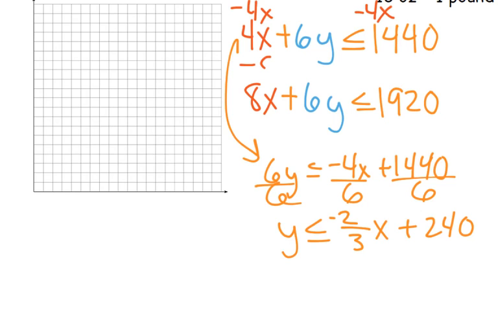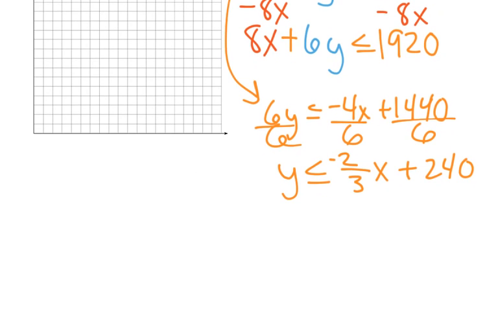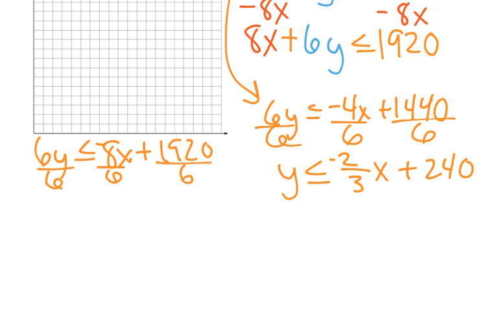Our second one, we subtract 8x from that. We'd end up with 6y is less than or equal to negative 8x plus 1920. Divide by 6. We get y is less than or equal to negative 4/3 x plus 1920 divided by 6 is 320. So we've got the two equations that we can graph.